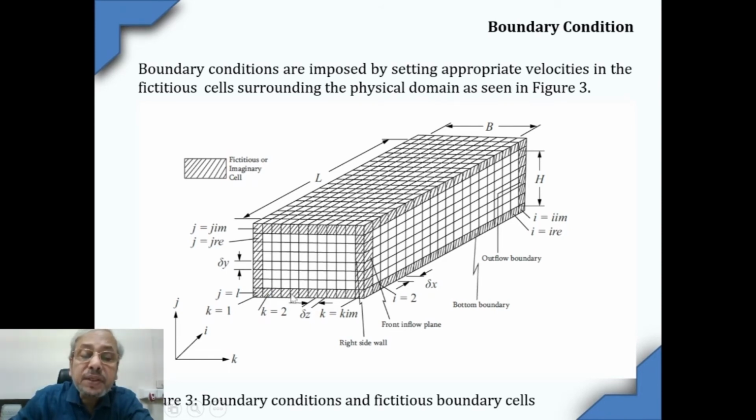If we exclude one layer of imaginary cells, just on the top of that layer, the bottom boundary exists. But since the bottom boundary exists on the top of the bottommost imaginary cell layer, we have to see how we can set up the boundary conditions so that the rigid no slip bottom wall can be defined.